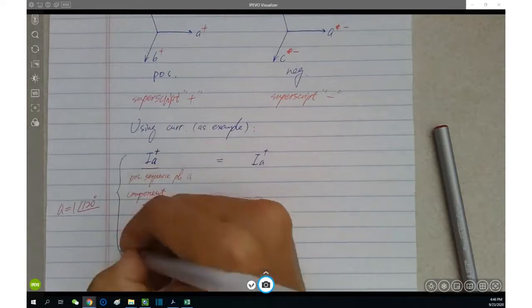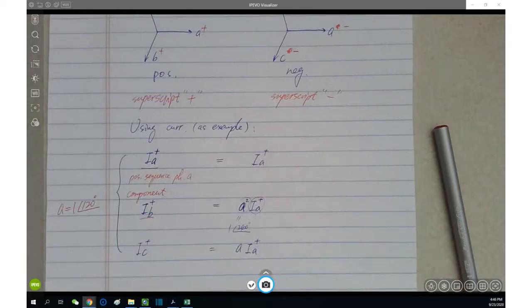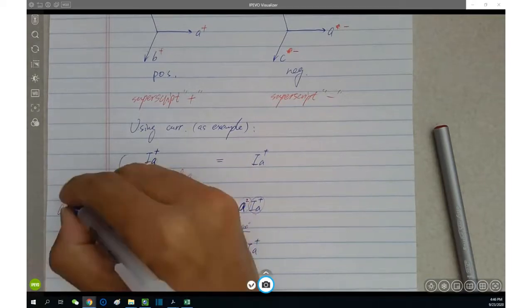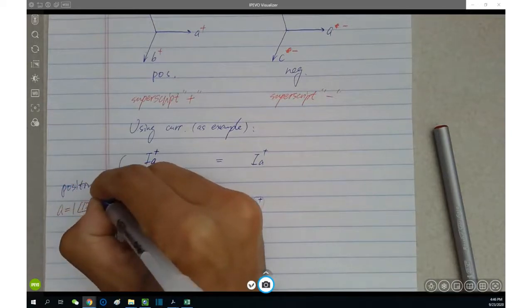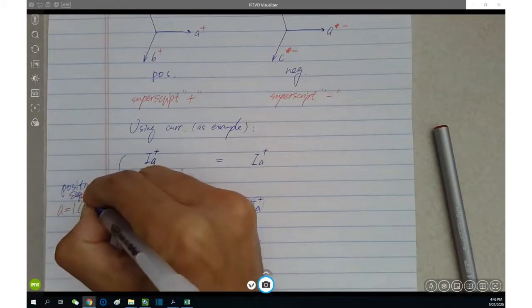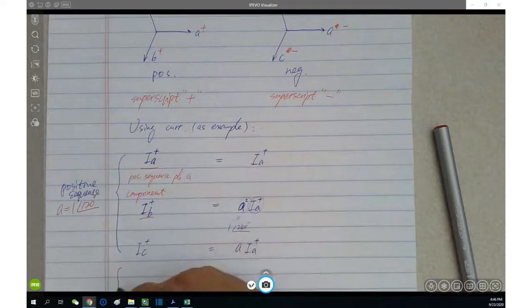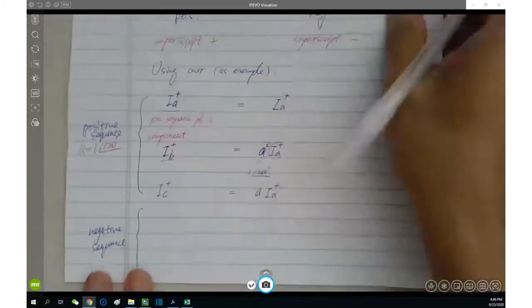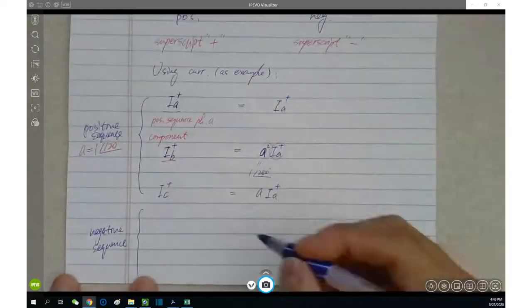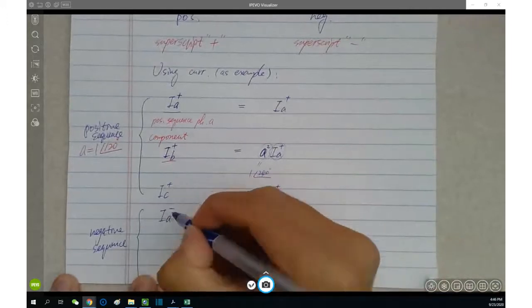You see, positive sequence, three-phase components. Let's do the same thing to negative sequence, using the same operator A. The negative sequence, what do we have? IA minus equals what?